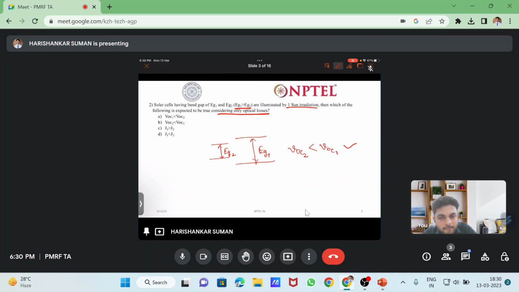JSC1 greater than JSC2. Yes. Why are you thinking like that? This is only optical loss, not temperature dependent. That could be the valid reason.